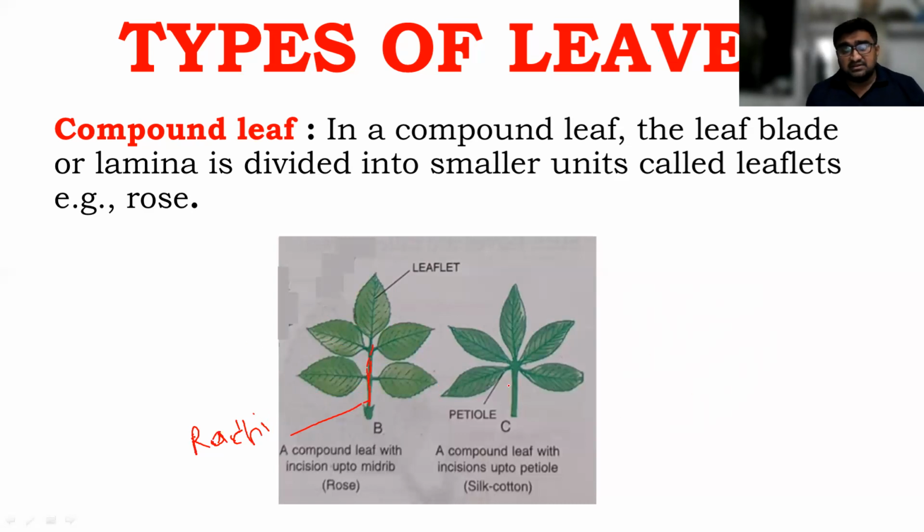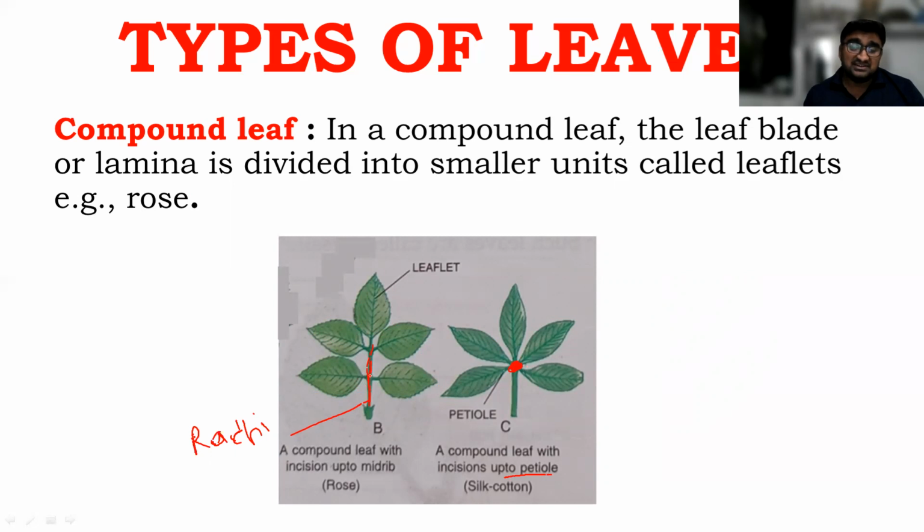Okay, and in some cases the leaflets arise from one common point. So this is the one common point from which all the different leaflets are arising. In this case the marginal incision reaches up to the petiole. When the marginal incision reaches up to the petiole, then all leaflets have one common point of origin.